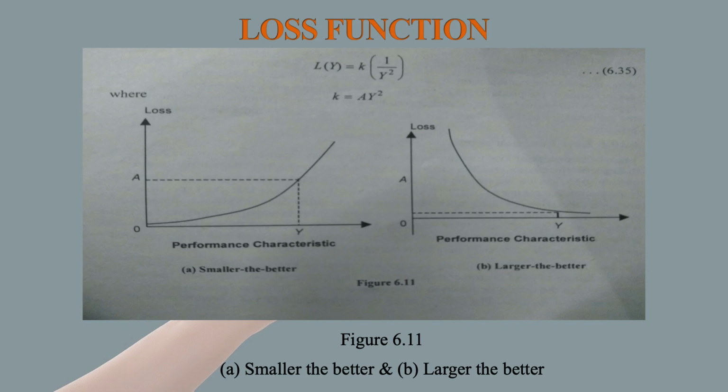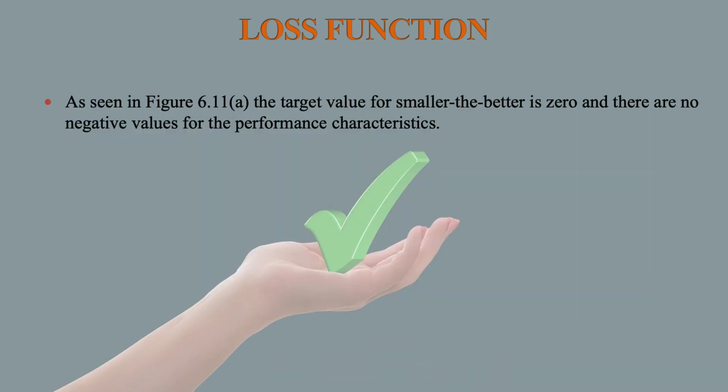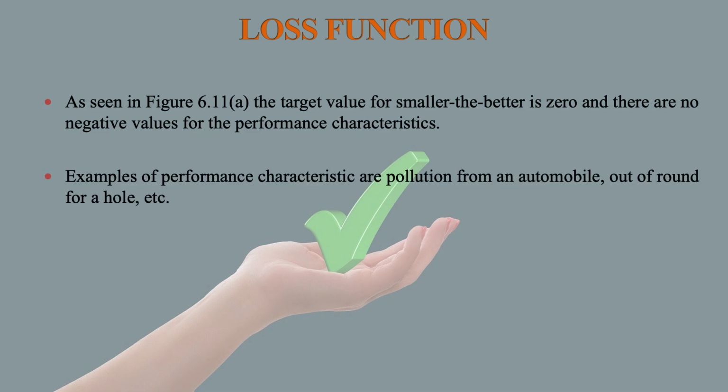That is the difference between the smaller the better and the larger the better loss functions. As seen in figure 6.11a, the target value for smaller the better is 0, and there are no negative values for the performance characteristics. Examples of performance characteristics are pollution from an automobile, out of round for a hole, etc.